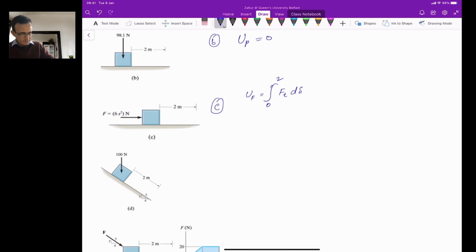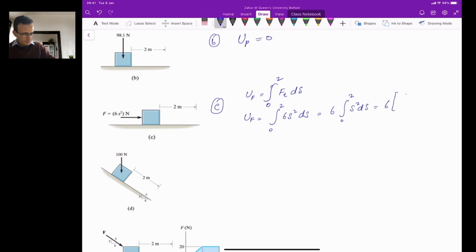If you put the value of Ft, the force here is in the direction of the displacement, so the whole force is obviously equal to Ft. So this is 0 to 2, and then Ft is 6s square ds. You can take 6 out of the integration, so that will become the integral from 0 to 2 of s square ds.